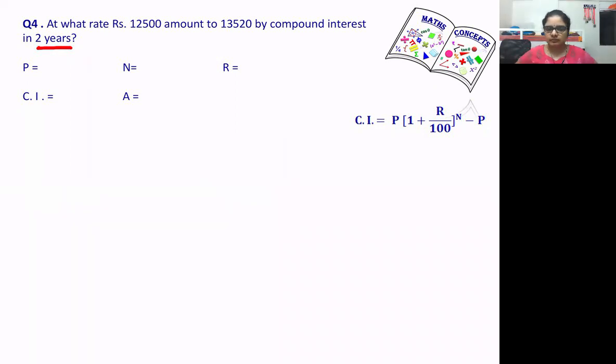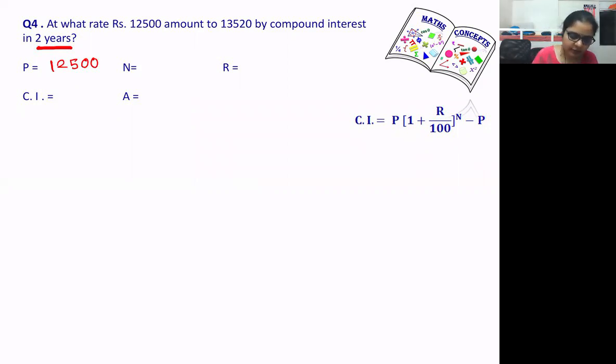Ma'am, again we have to solve this? Yes, we have to solve this the same way as the earlier question. I think we will solve it together. I'm going to give you two sums for homework. Okay, ma'am.